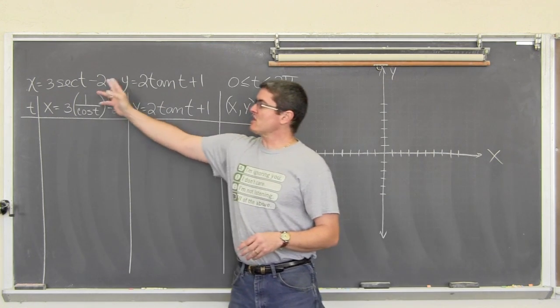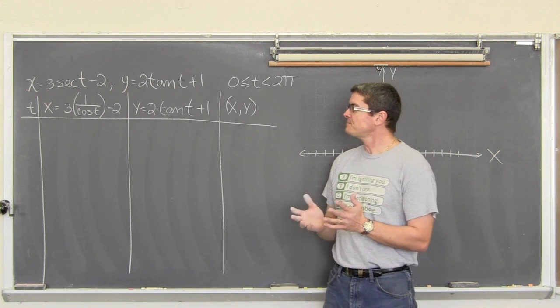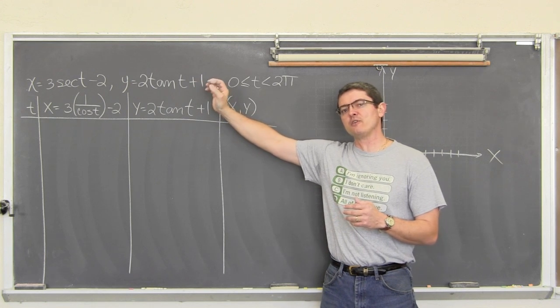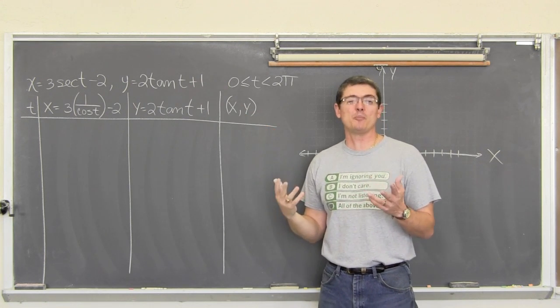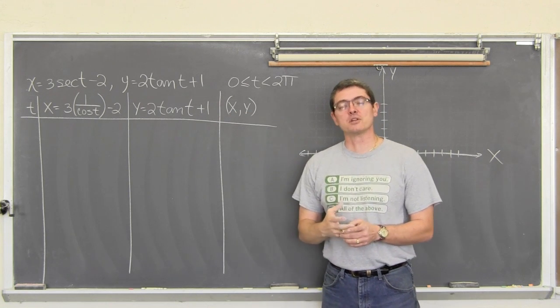But this would actually be easier to ultimately know what the graph is going to look like by getting this into rectangular function or regular function notation. And actually that's kind of true with all parametric equations, but especially this one because of the nature of what this graph is going to look like.